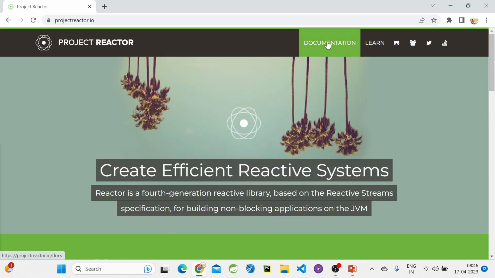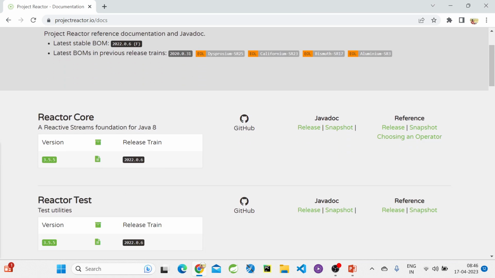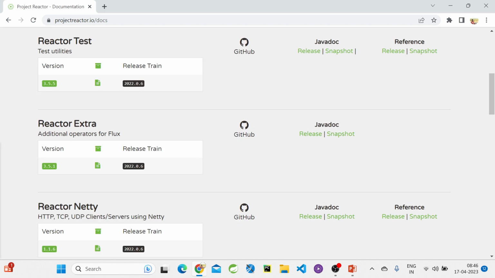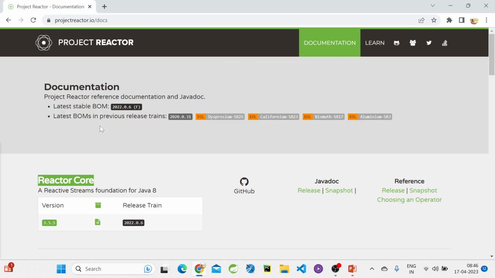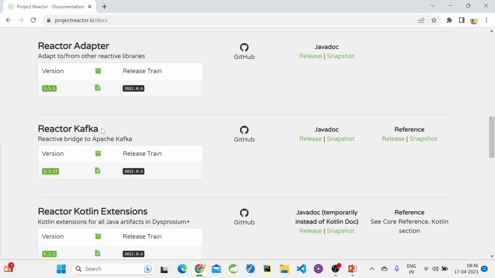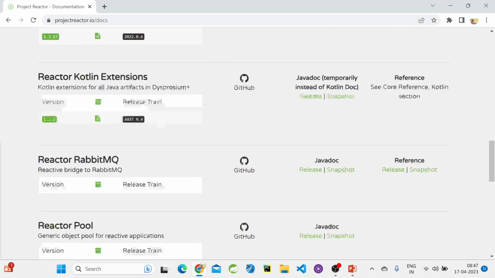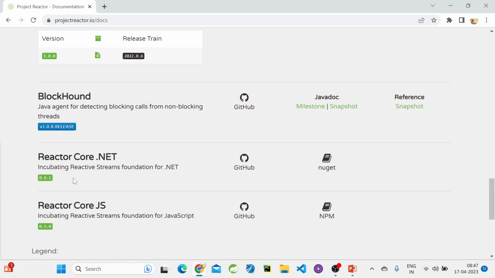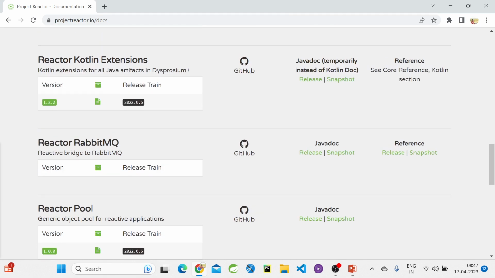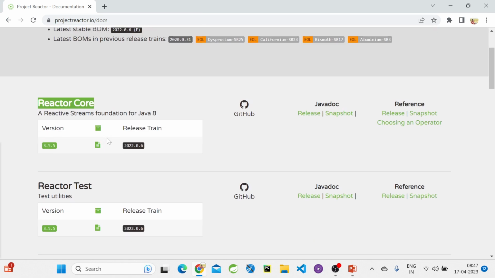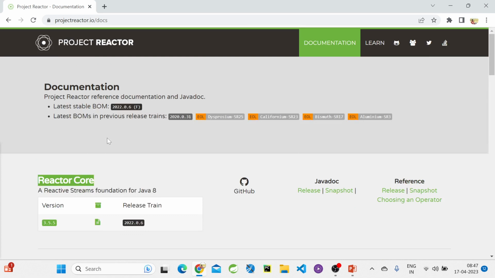You can see in the documentation that it has reactor core, reactor test, and reactor extra. These are the libraries that Project Reactor has. It provides a number of functional libraries like RabbitMQ, Kotlin, Kafka, adapter, and test.